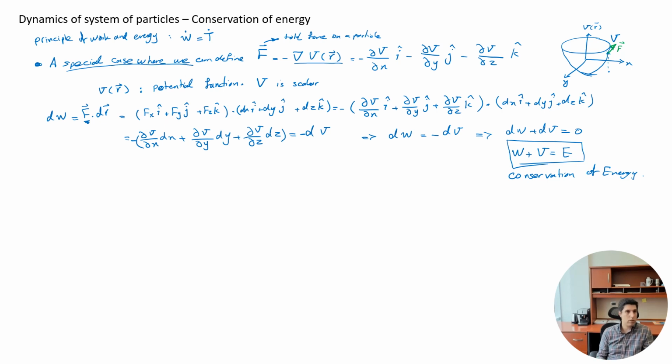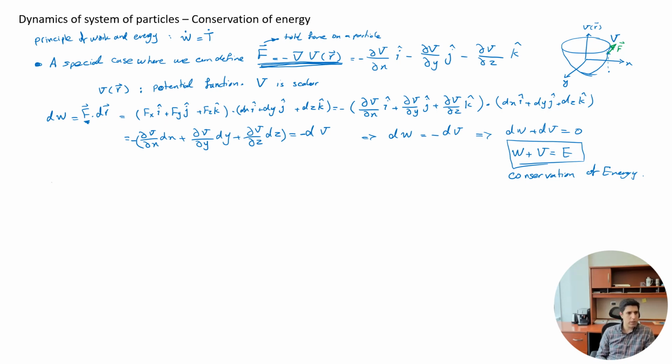So remember where we came from: the special case, where we could define F as the gradient of a potential function. This sounds a little abstract, but you can relate. It is called a potential function because it is related to potential energy. So as long as you can define a force in such a way, the energy of your system is conserved.